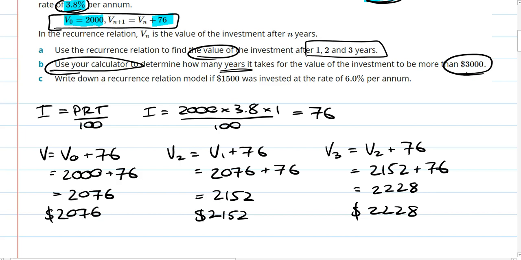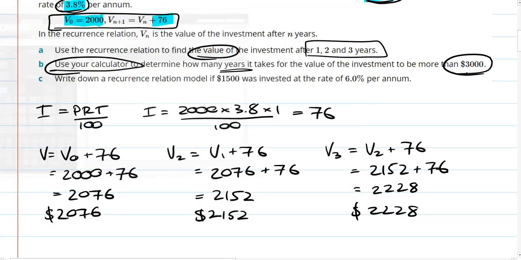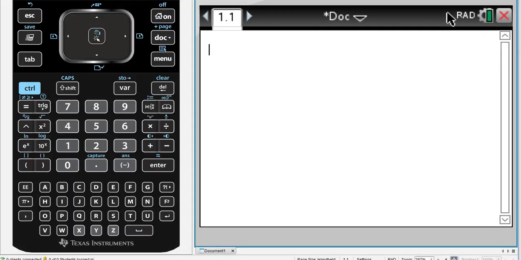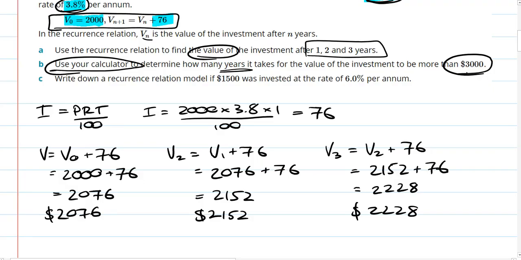So there's two ways to do that. The fast but sometimes clunky way is to open up your calculator and put in the initial, which is $2,000, and press enter, and it just stores it in the last answer. And then if you press Control minus, you get this ANS thing, and we're going to add in the $76.